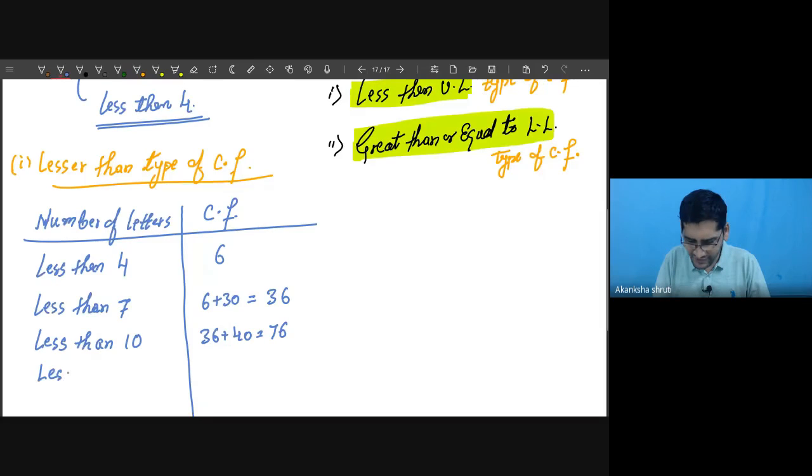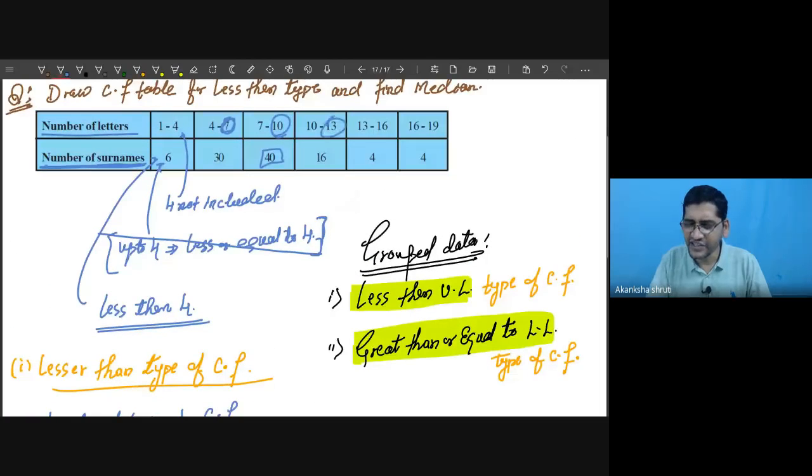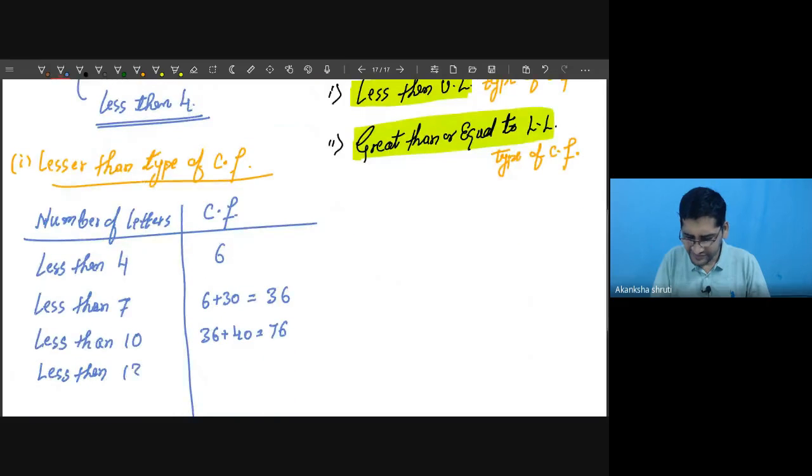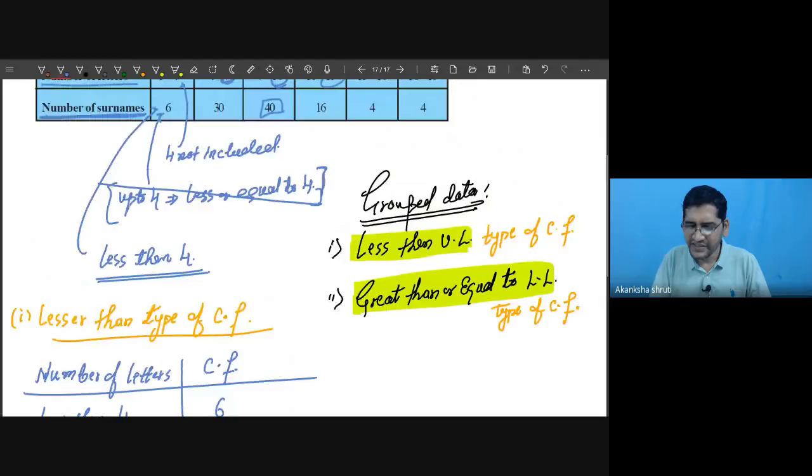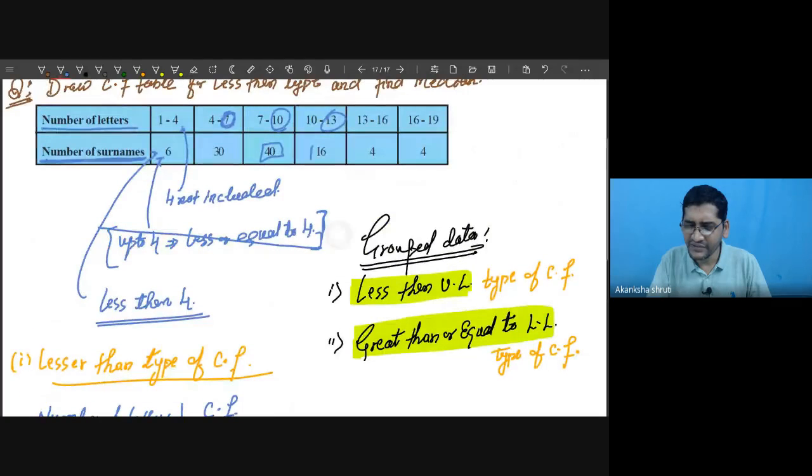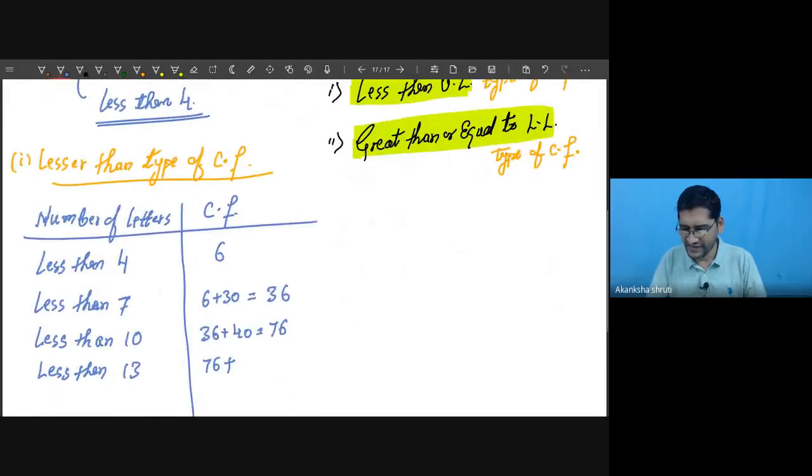Then again we go for less than 13. 76 plus 10 to 13, which is 16, so add this 16. It becomes 92.